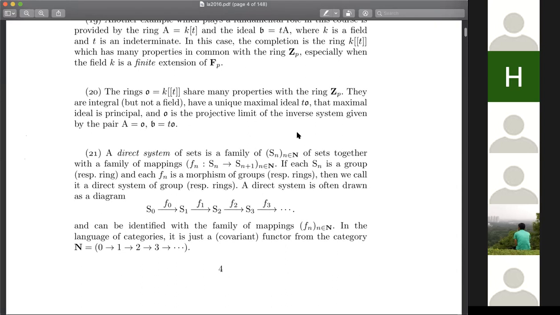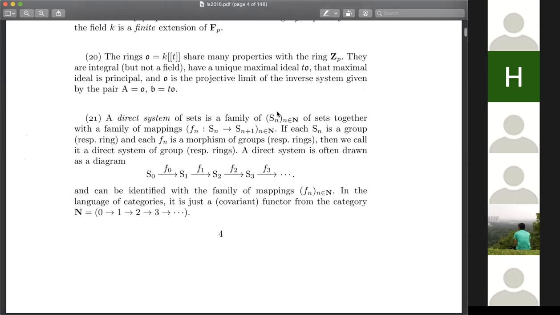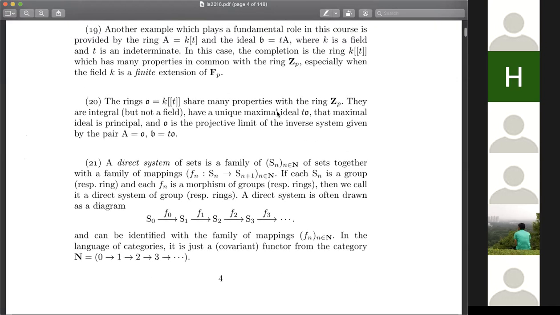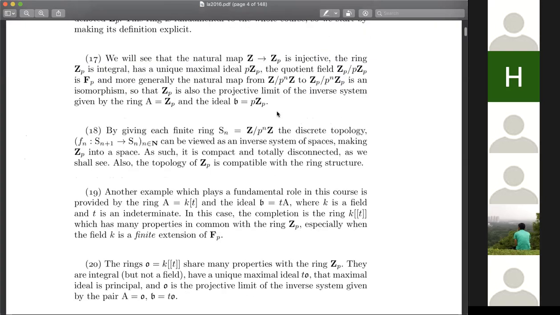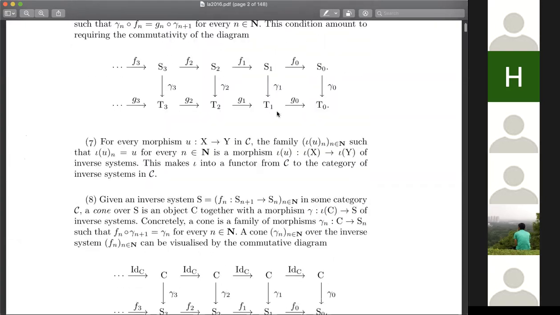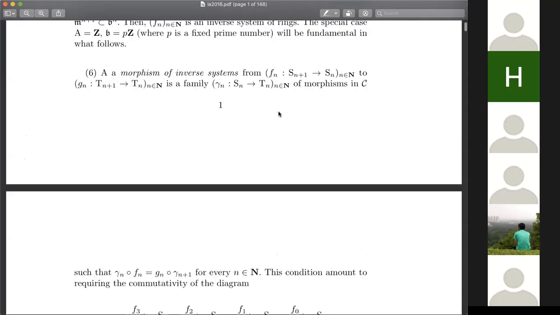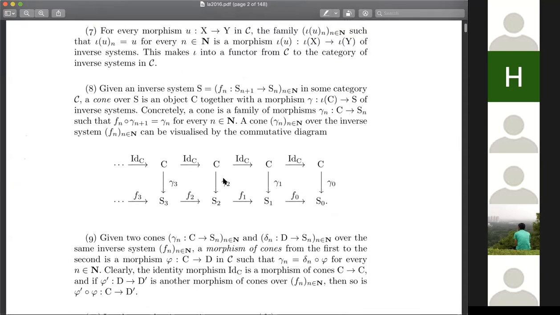Sir? Yes. So when you define that inverse limit, that cone, the object C is coming from some different category? No, of course it has to be the same category, because there are these morphisms from C to the S_i's, right?